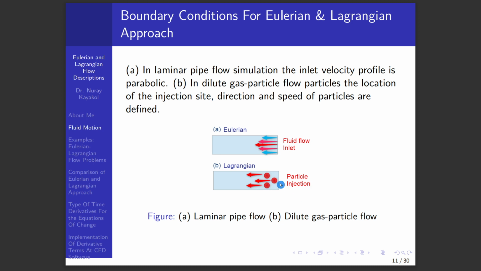This red dot shows a particle, and these arrows show the flow pattern, so you can define how these particles are injected into the flow. So you have to define particle direction or velocity or position. Then you need to track these particles.